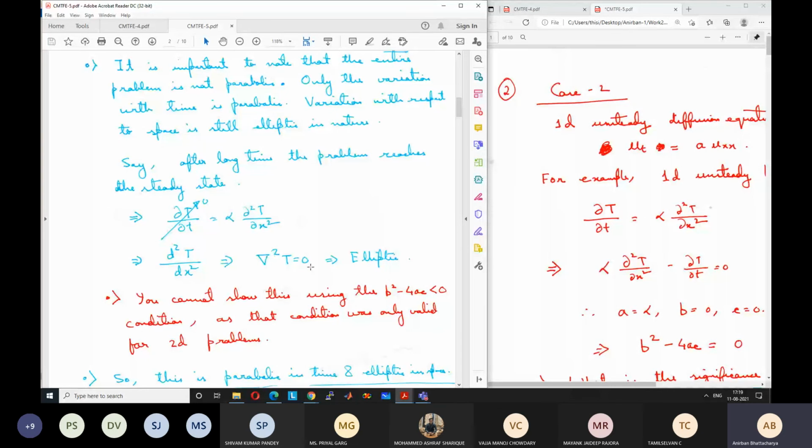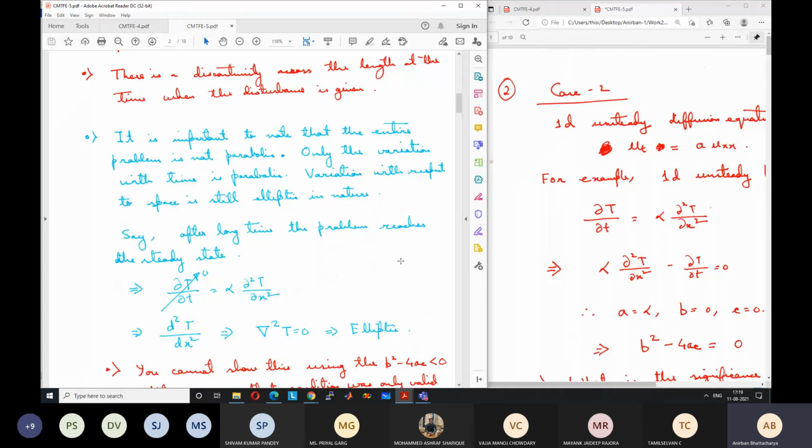So it is better to approach the problem based on the nature, whether the behavior is elliptic. We call it elliptic behavior when the disturbance can influence all directions, and all directions can influence that point. We call it a parabolic problem when the point can influence only one direction, and only one direction can influence that point. So it is a better way to understand.